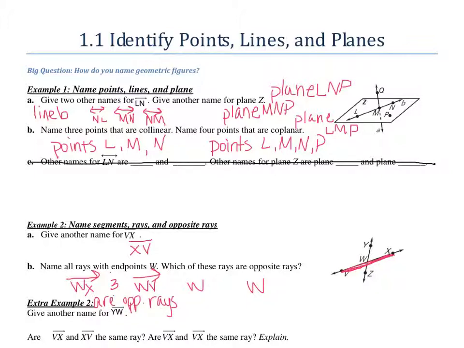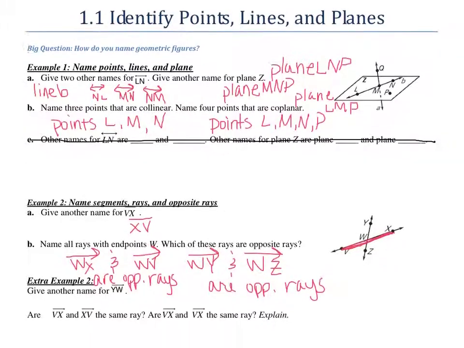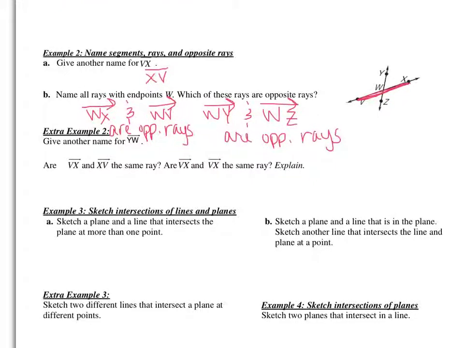And then ray WY and ray WZ, these two are opposite rays also. All right, let me move my page up right here.